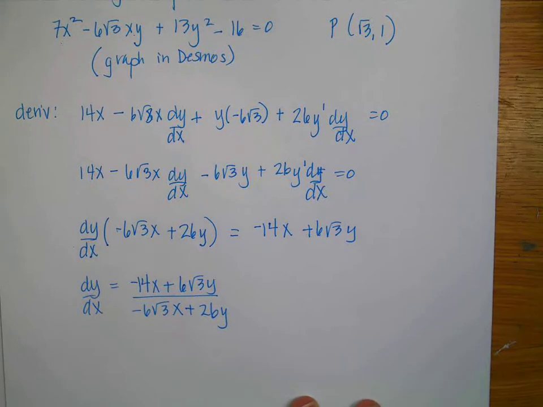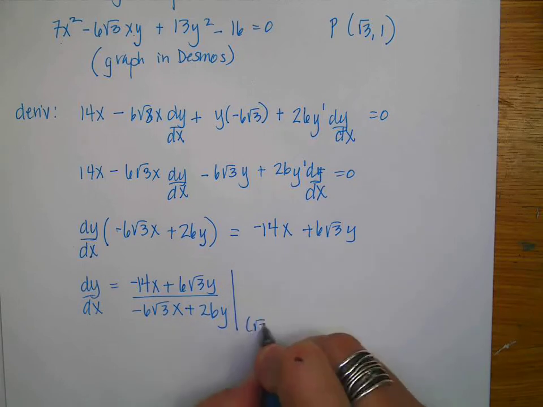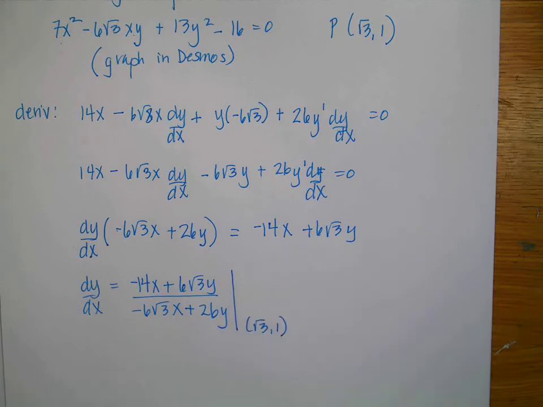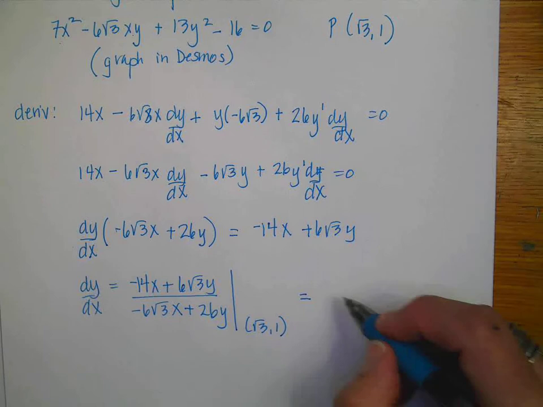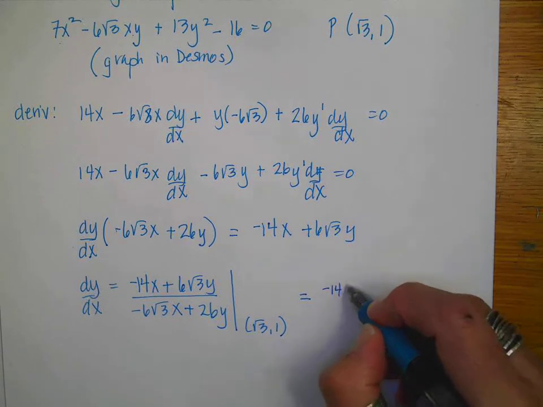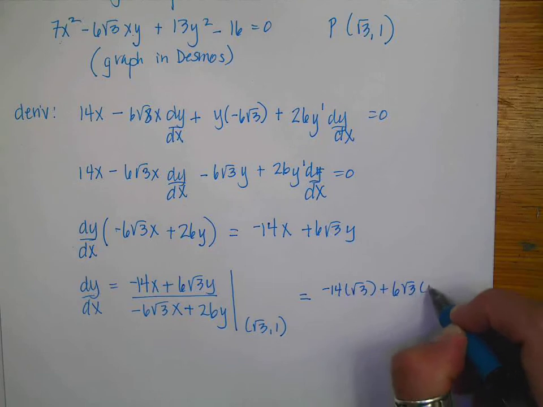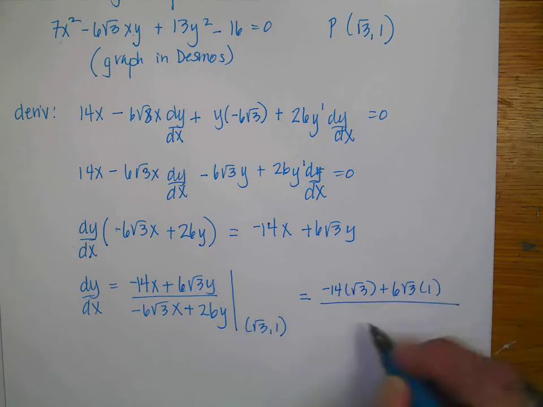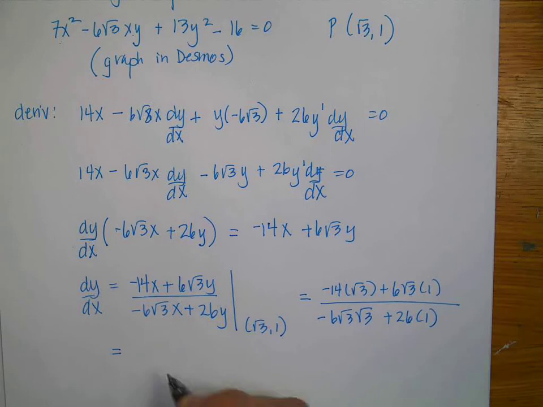Whew! There's my derivative. It says find the equation of the tangent line, so I'm going to evaluate that derivative at radical 3, 1. Remember, this is just all little steps to the end. When you do this math, you get negative 14 times radical 3 plus 6 radical 3 times 1, over negative 6 radical 3 times radical 3 plus 26 times 1.